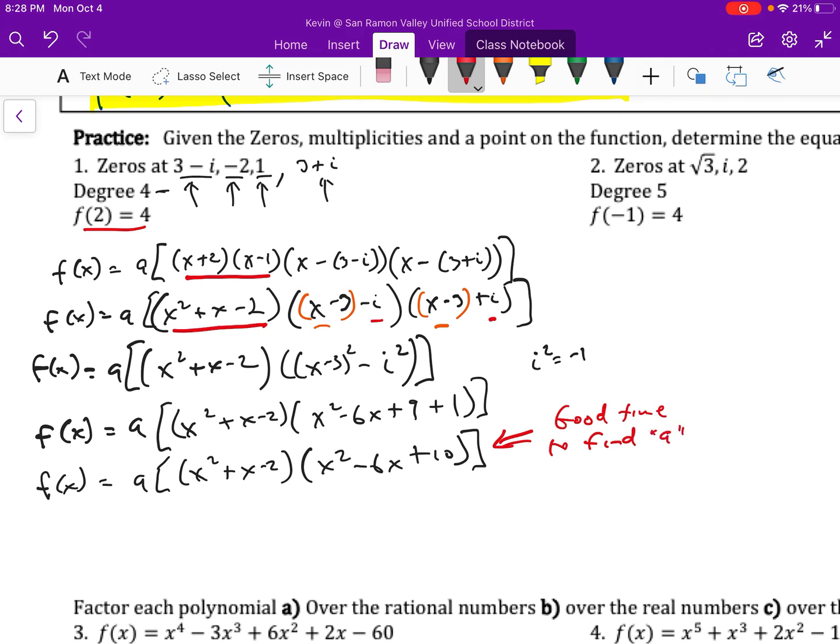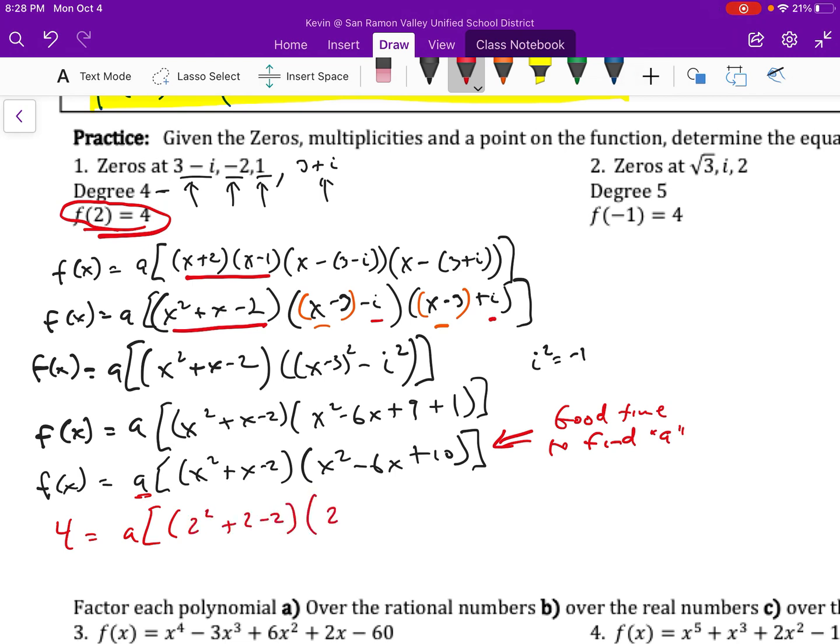At this point, this is a good time to find a. Meaning that I'm going to use these values up here, this f of 2 equals 4, to find out what my a value is. I'm doing it now just because the math is easy, the way I have these two polynomials here, these factors. So I'm going to come in here, and this is going to be 4 equals a, and everywhere there's an x, I'm going to put 2 in there.